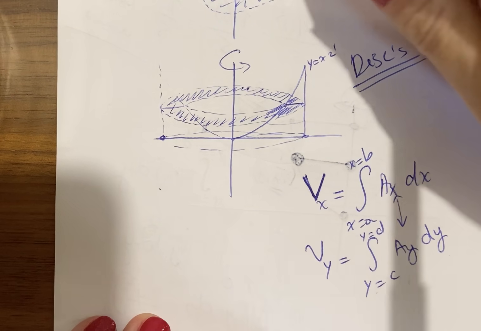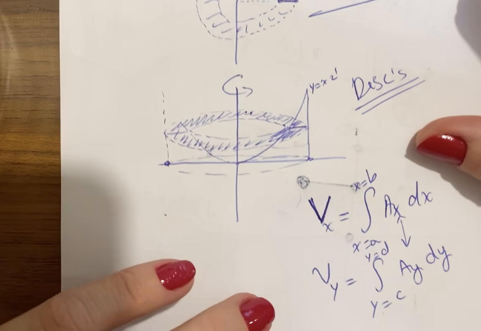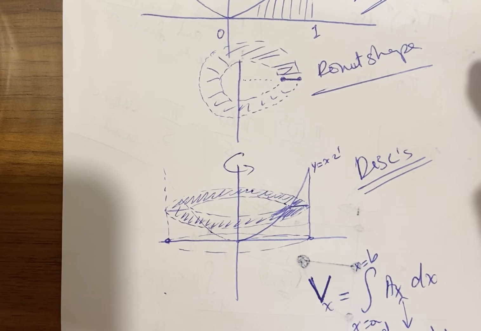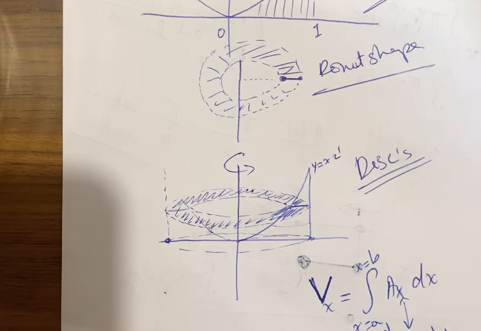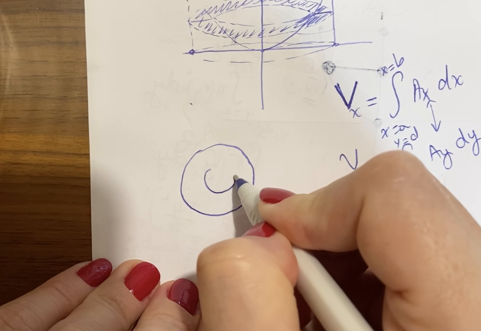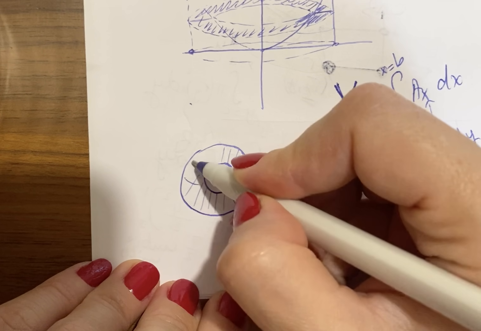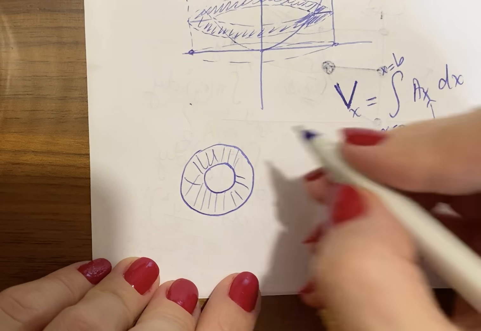See, in previous examples, the regions were disks, so their areas were pi r squared. It's very simple. Here we have donut shapes. Who can tell me how to get the area of a donut shape? It's very simple.